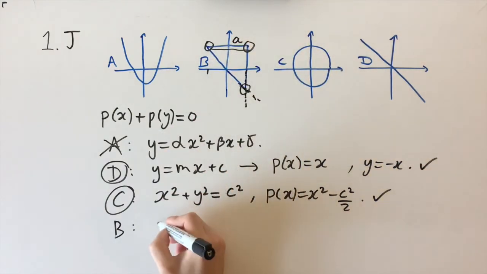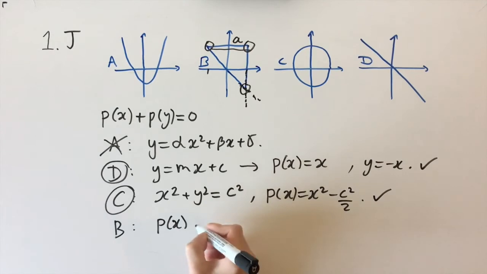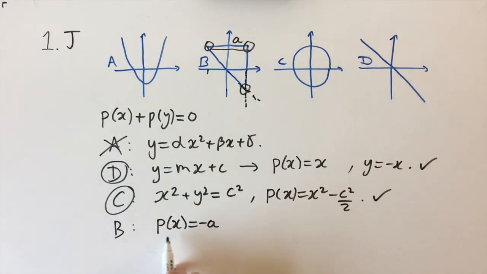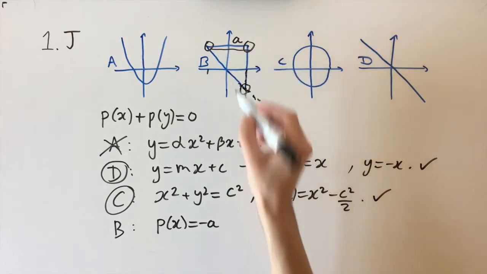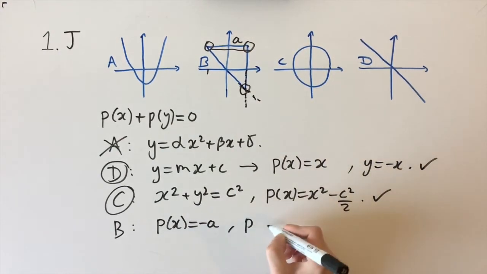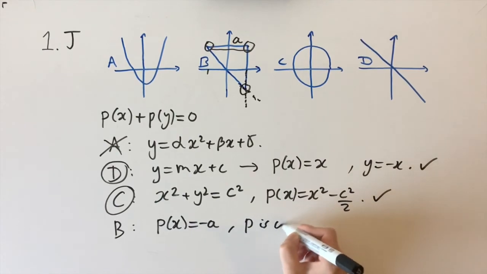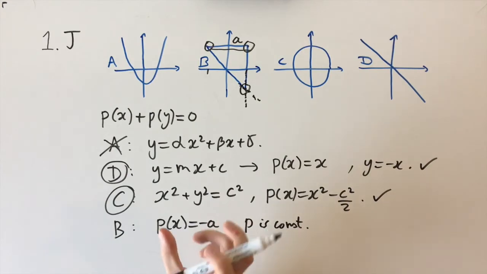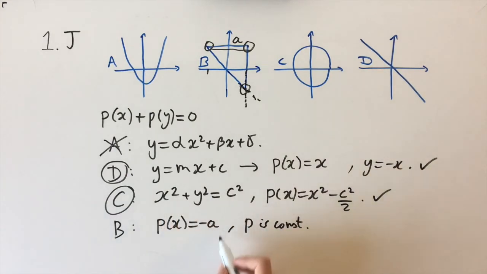So we can just think about this equation as p of x equals minus a. But this is true for an interval of x, which means that the polynomial is going to have to be constant. So p is constant. We cannot have a polynomial that is constant on an interval and is not constant. That just breaks the laws of what it means to be a polynomial.